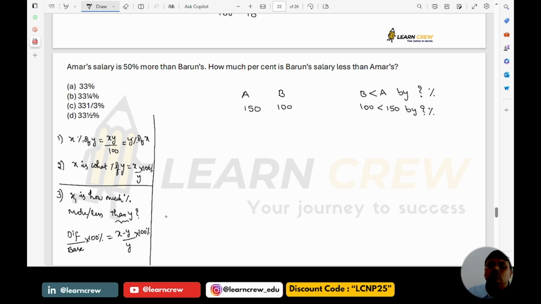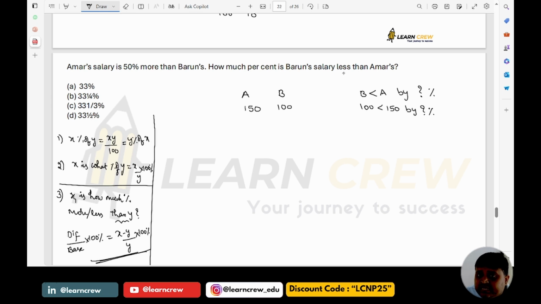Okay, so now please see here, very important. One value is how much percent more or how much percentage less than the other value. एक वैल्यू दूसरा वैल्यू से कितना परसेंटेज ज्यादा है या कितना परसेंटेज कम है. So now the question is, Amar's salary is 50% more than Varun. We already have written Varun is 100, Amar is 150.